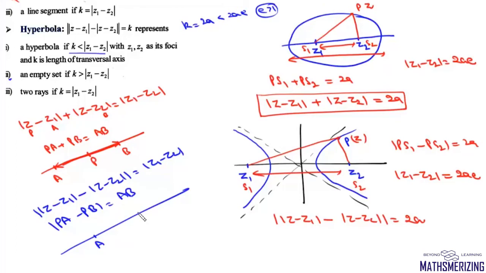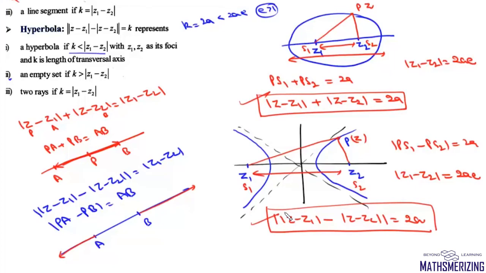So with 2 points A and B, point P must lie on the line joining AB, except for the points on the line segment AB. This is how we represent the equation of an ellipse and hyperbola in complex numbers.